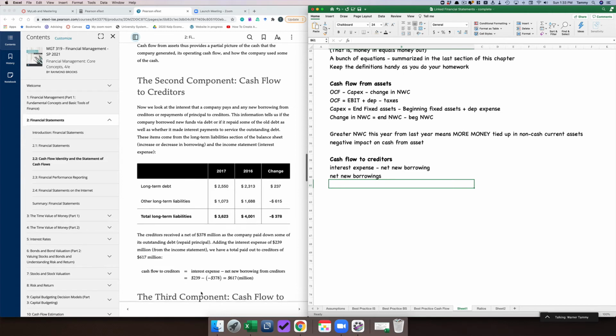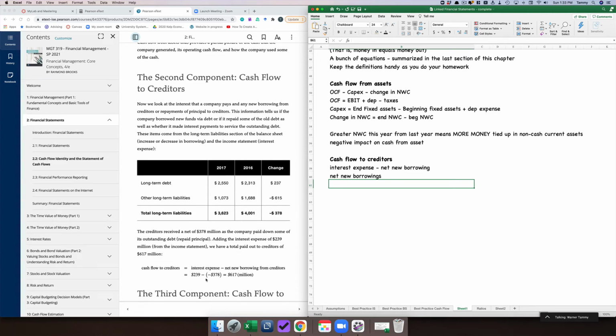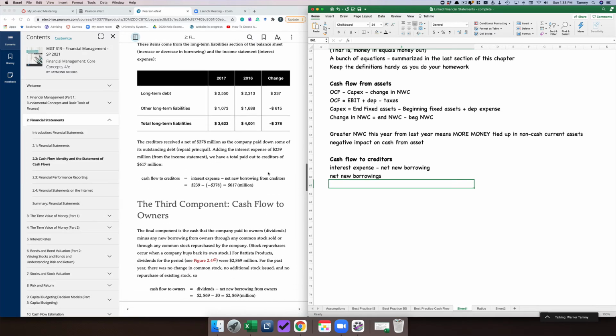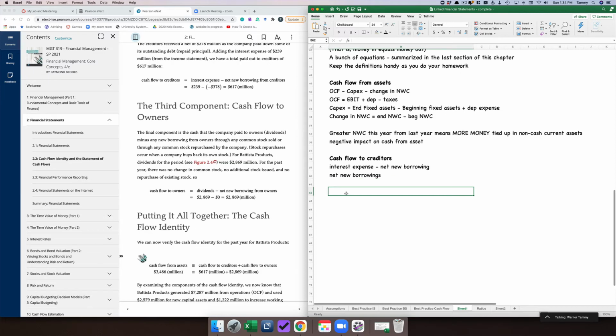If we subtract that negative, then that means we add it, right? So subtracting a negative is adding a positive. So our total cash flow to the creditors in this case would have been 617 million, right? So the hard thing here is just keeping your signs straight and thinking about what they mean in terms of cash flowing.